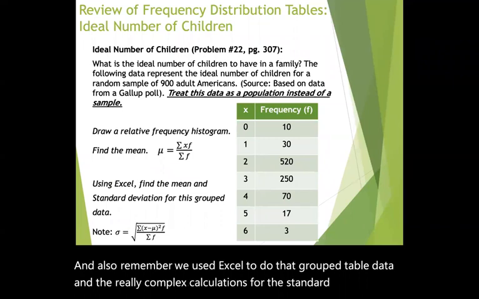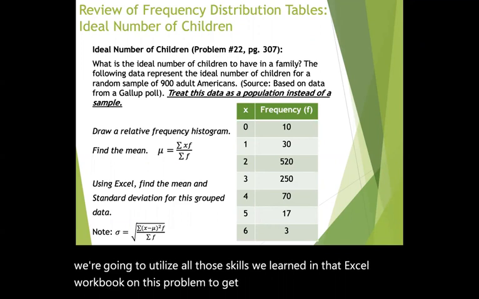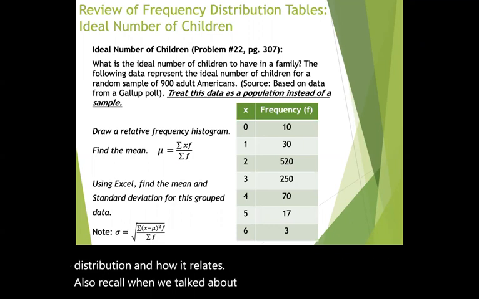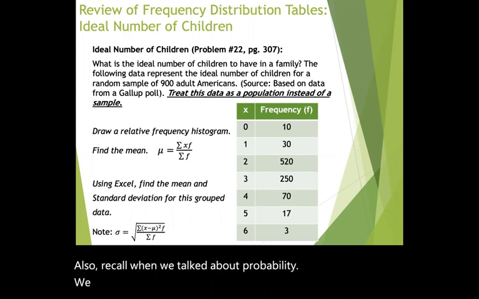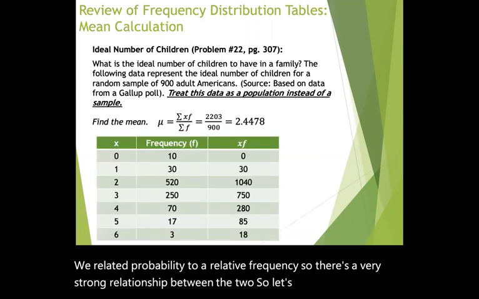So we're going to utilize all those skills we learned in that Excel workbook on this problem to get an understanding of probability distribution and how it relates. Also recall when we talked about probability, we related probability to a relative frequency. So there's a very strong relationship between the two. So let's investigate.